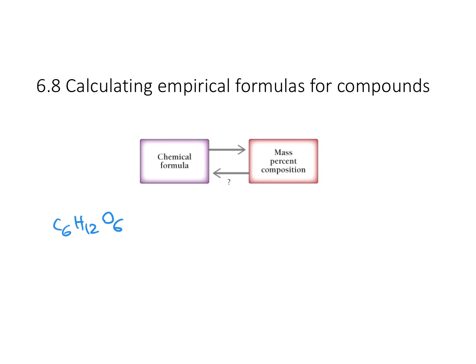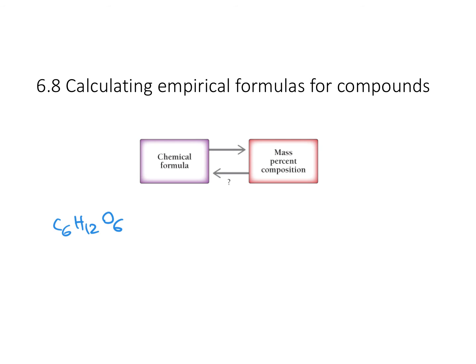So technically, if I give you this formula and I tell you that I have 10 grams of glucose, and ask how many grams of oxygen I have in it, just by looking at the chemical formula, you can convert the mass of the compound to the mass of the elements. You can get information from the chemical formula about the grams and moles of the constituent elements.